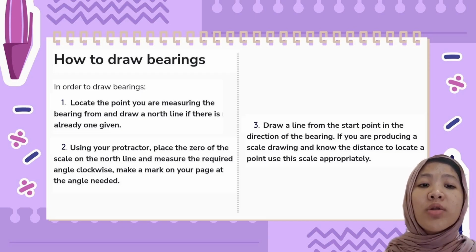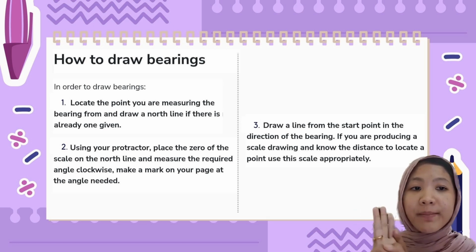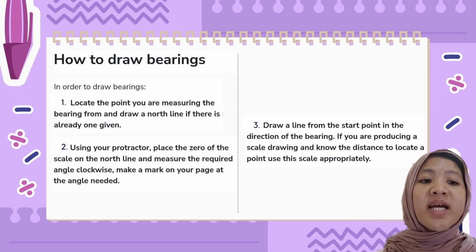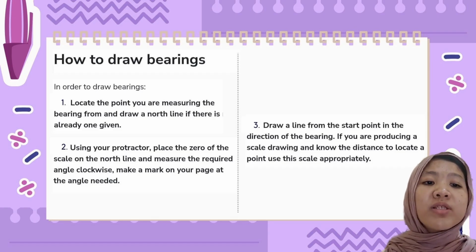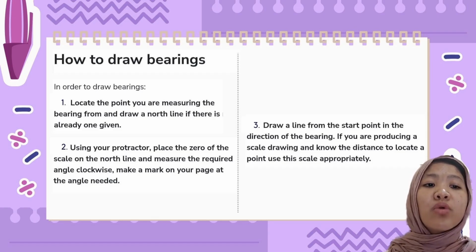Make a mark at the angle needed. Step 3. Draw a line from the start point in the direction of the bearing. If you are producing a scale drawing and know the distance to locate a point, use the scale appropriately.